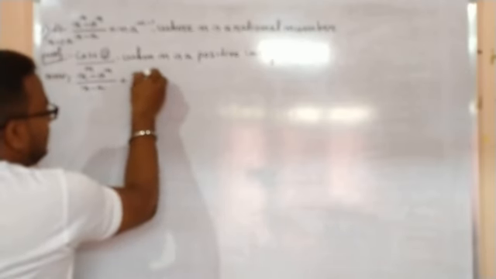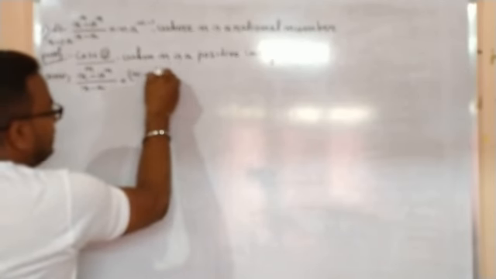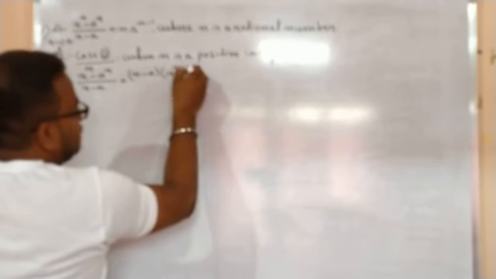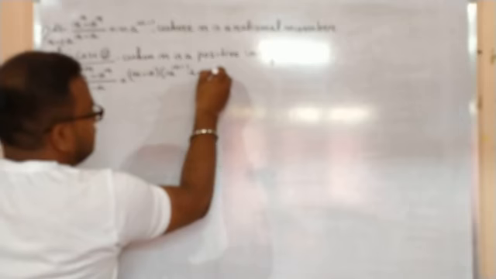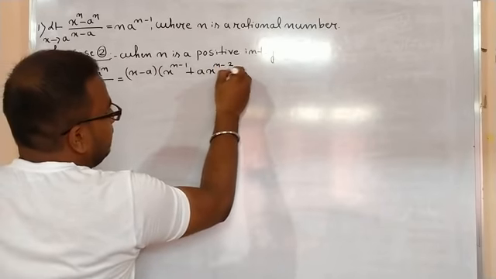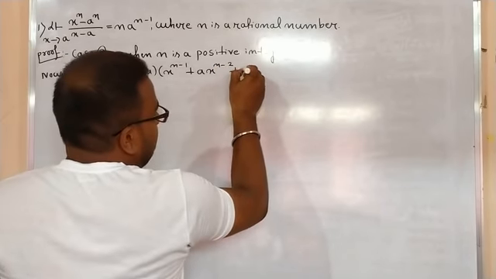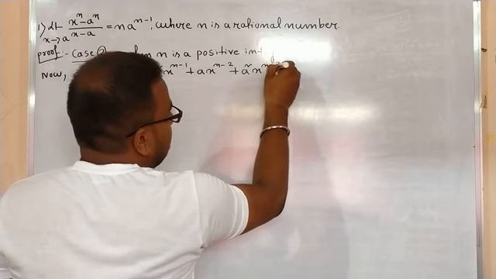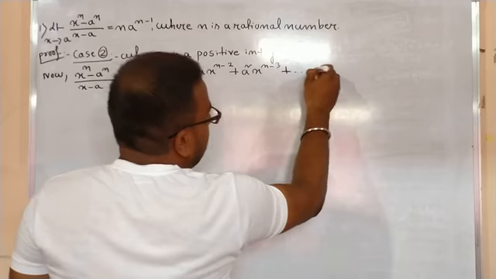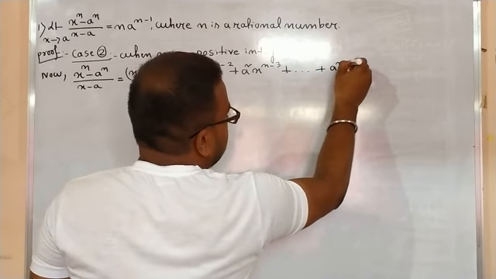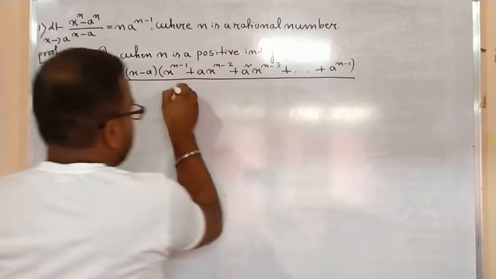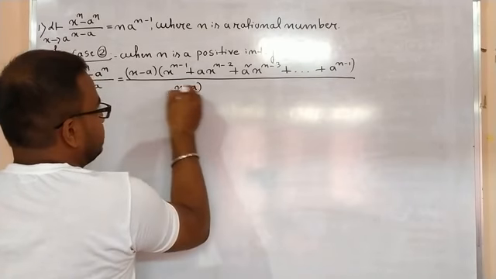This is x minus a, and now I can use this, that x to the power n minus 1 plus a into x to the power n minus 2 plus a square into x to the power n minus 3 plus dot dot dot plus a to the power n minus 1, right? This is the way how we can expand it. So it is x minus a, right?